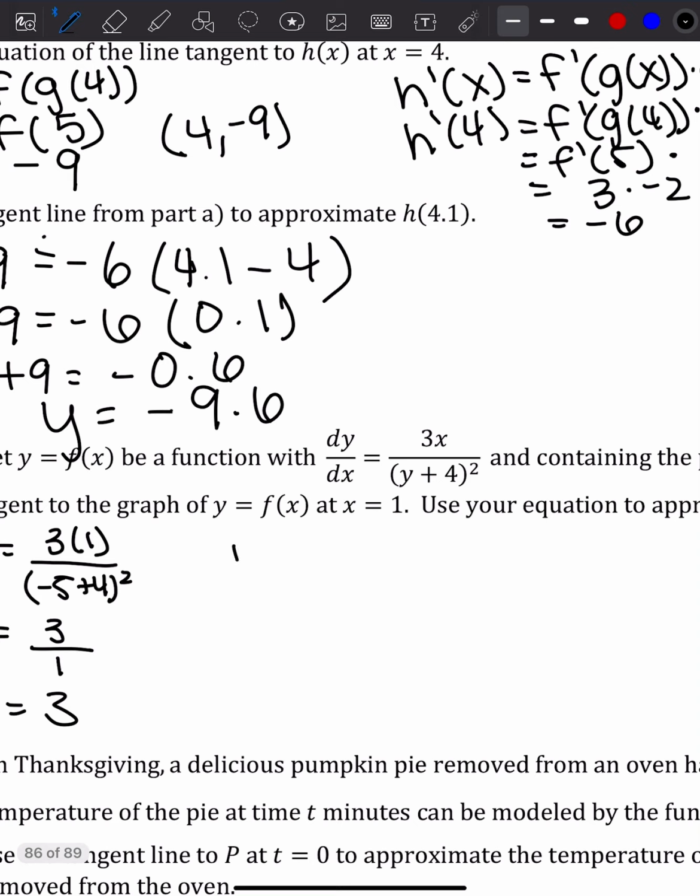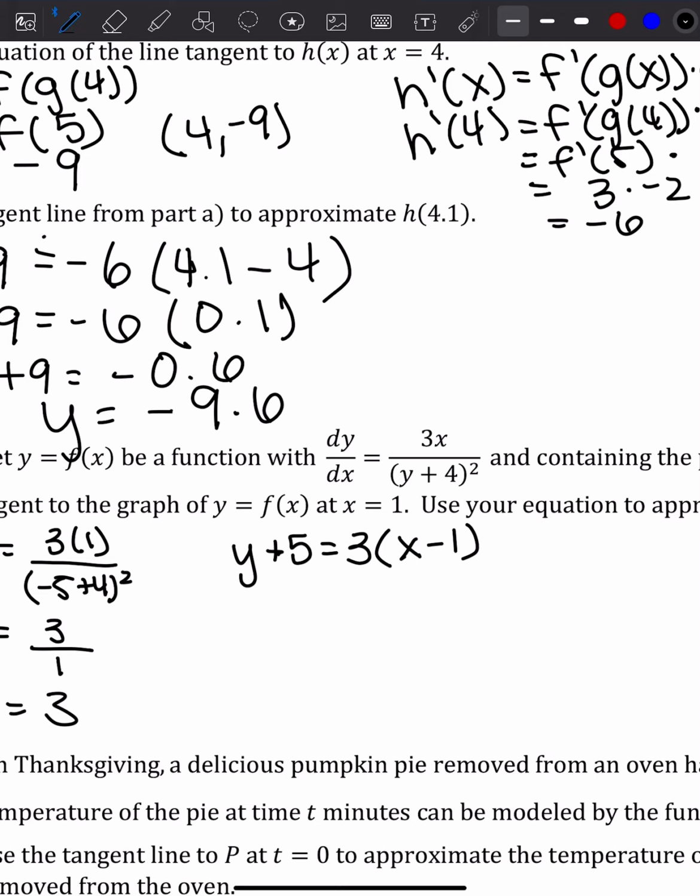So we have y minus -5, so y plus 5, is equal to 3 times x minus 1. I'm going to move it over so y is by itself. This isn't necessarily needed, but we could also name it f of x, but we don't necessarily have to.